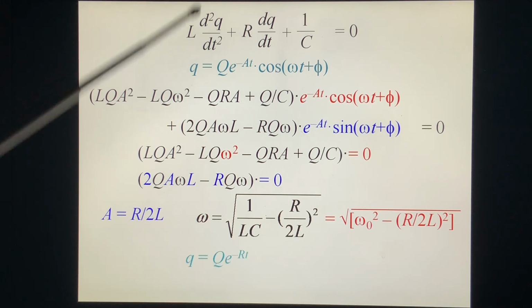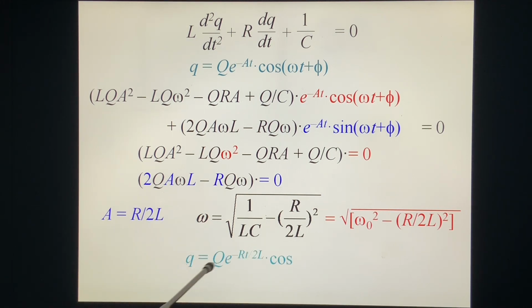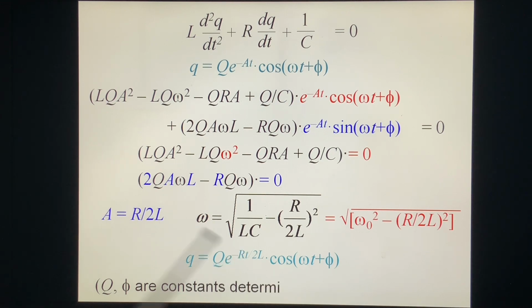So finally, the answer is Q equal to Q e^(-At) cosine(ωt + φ), where A is R over 2L and omega is this one. These two constants, Q and φ, are determined by initial conditions.